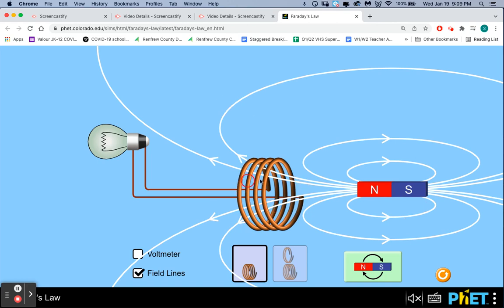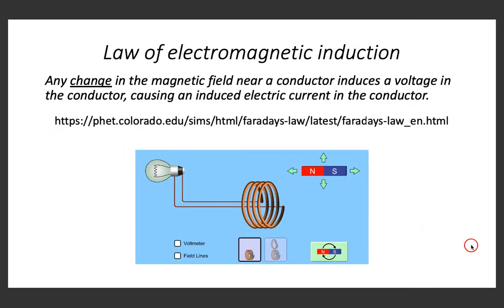I could also move this coil instead of moving the magnet. That could work as well. Okay, so there's a variety of ways that you can change the magnetic field here. But the important thing is that the magnetic field changes. Okay, we need to have a changing magnetic field to induce a current in the wire here. All right. So that's the law of electromagnetic induction, basically.